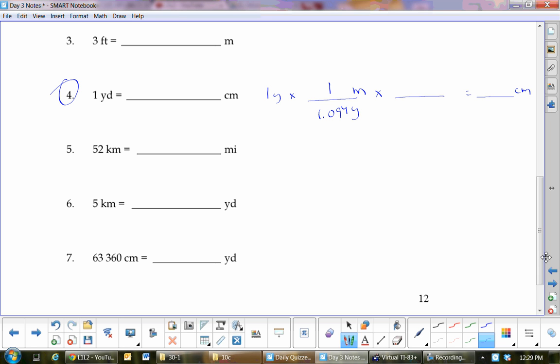I could have put 1 yard on the bottom. So you would have liked this. They're still right though. You would get the right answer if you put this. Okay. So you can put the 1 yard on the bottom if you want it, right? Okay. Now what should I put here? Yards are gone. That's good. Yes. Okay. Does that make sense?